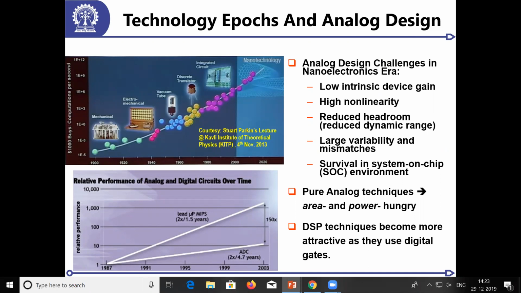Now, I don't think I have the bandwidth to get into the reason for the nonlinearity degradation. Next, as I scale the technology, I have to make sure my transistors do not break down. That means I have to scale down the voltage so that the electric field doesn't become arbitrarily large and break down the transistor. As the voltage scales, the headroom reduces.